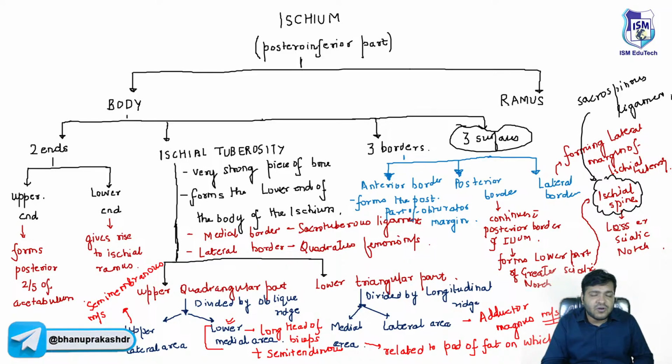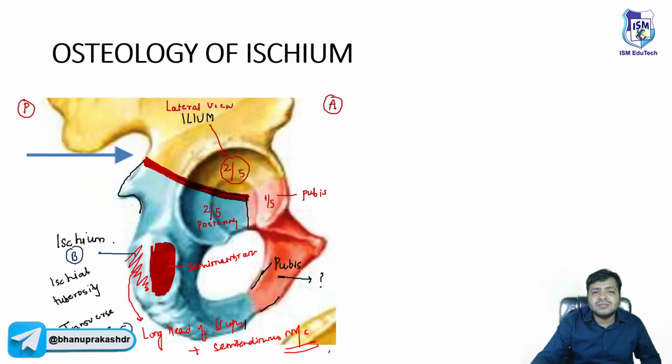Because tomorrow I will be starting with the femur bone, so I want everyone to be aware of all the parts of the hip bone, okay? All the muscles that I have discussed, all the ligaments that I have discussed in the hip bone, right? So kindly revise all these things.